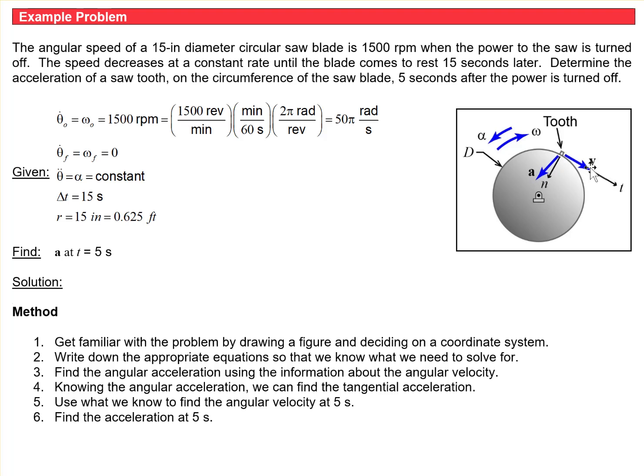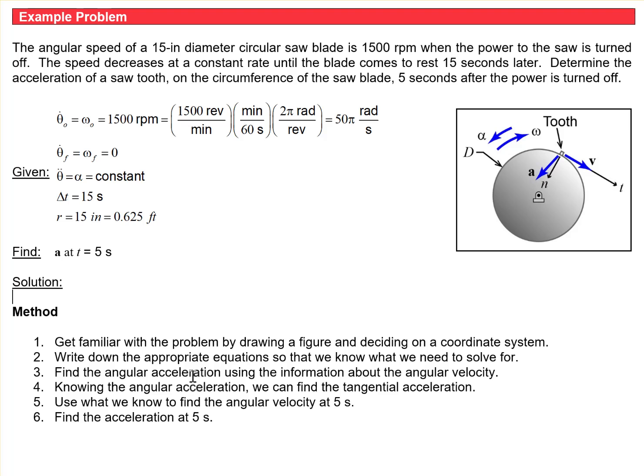So there's going to be a tangential component and a normal component of the acceleration. Now again, one of our tasks is to decide what coordinate system. Well, obviously we know the path of this tooth, so the NT is a natural choice. All right, so we'll write down the appropriate equation so that we know what to solve for.